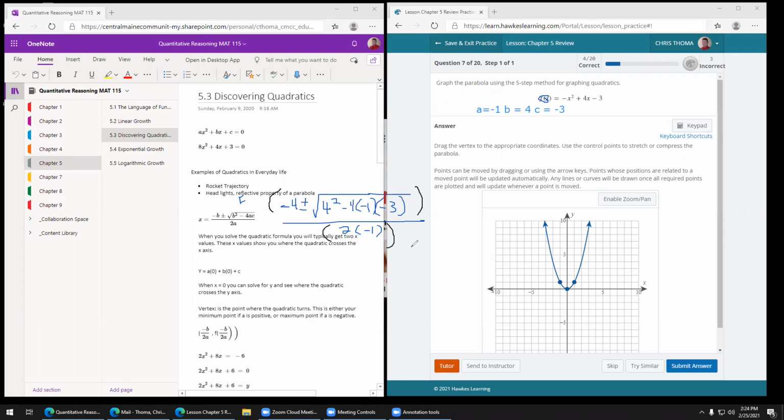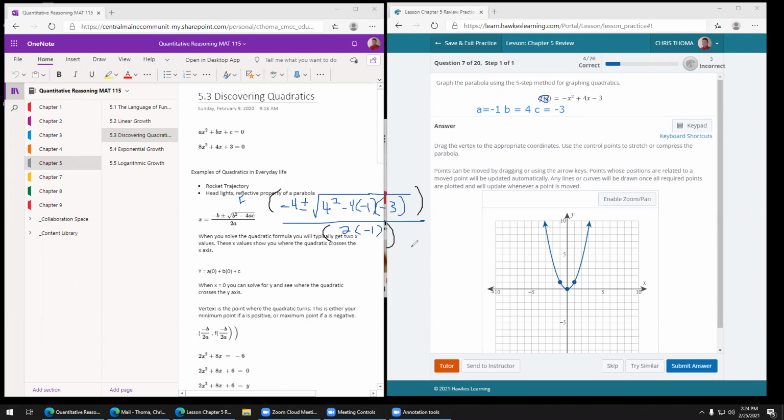So -4 plus the square root of 4 squared minus 4 times -1 times -3. Make sure you use the arrow key on your calculator to get outside of the radical sign before you put the parentheses in. Then I'm going to do divide, parentheses, 2 times -1 just is -2, so I'm just going to put -2 on the bottom.